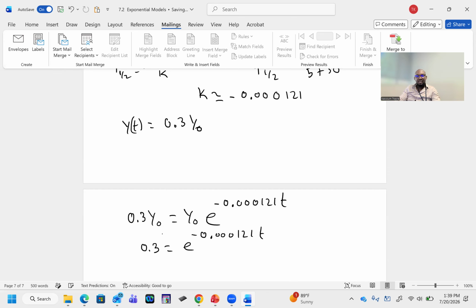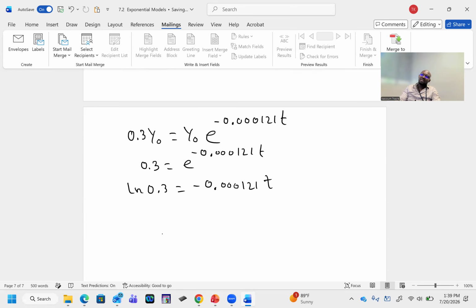We apply ln, so ln of 0.3 will be equal to negative 0.000121 t. Then we divide both sides by negative 0.000121. So t will be equal to ln of 0.3 divided by negative 0.000121, which is approximately 9,950 years.